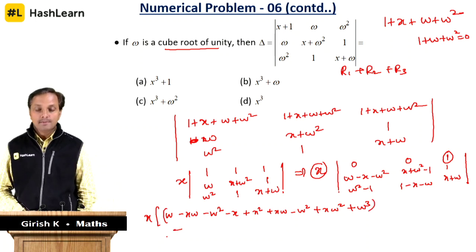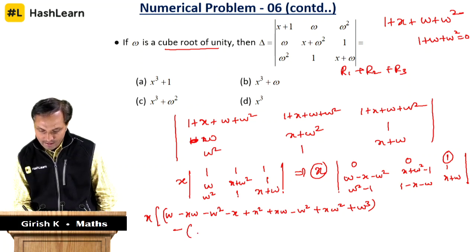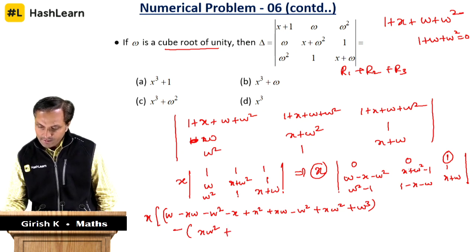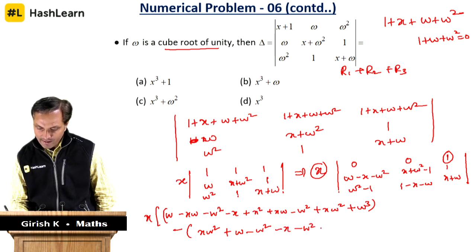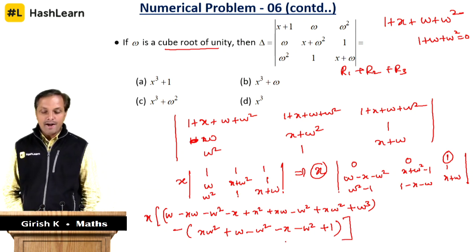Minus, again when you multiply this into this, omega square, x omega square plus, you know that omega square and omega square, omega power 4, I'll write it as just omega, minus omega square minus x minus omega square and plus 1, and that is what you need to close the bracket.